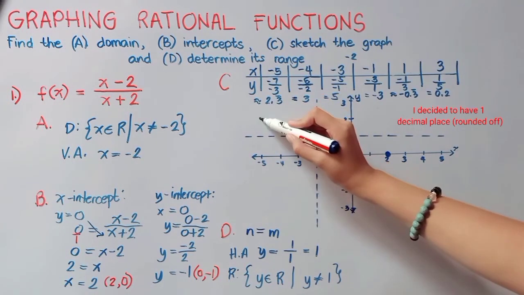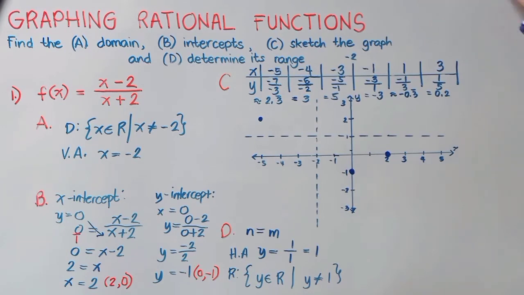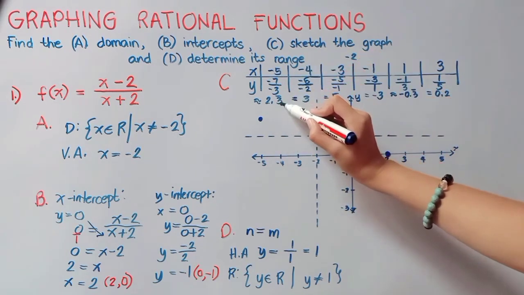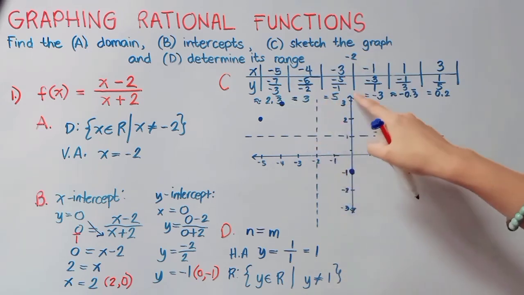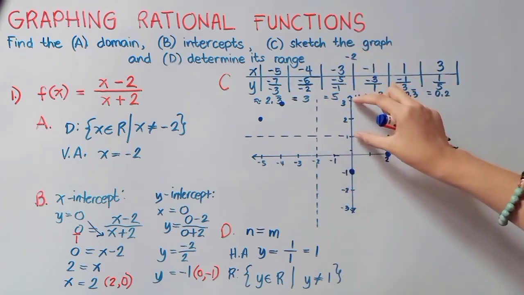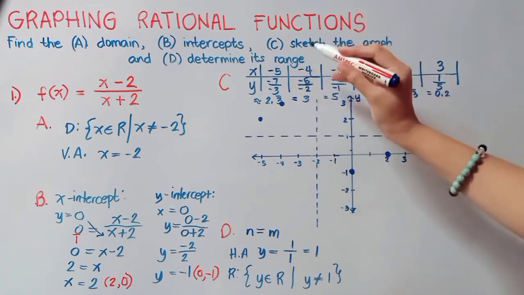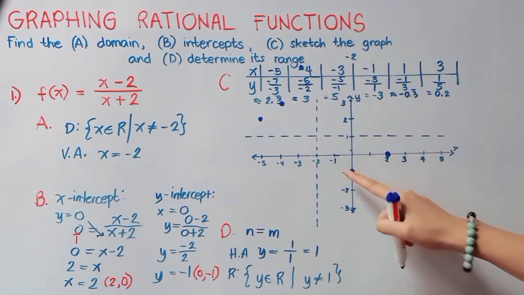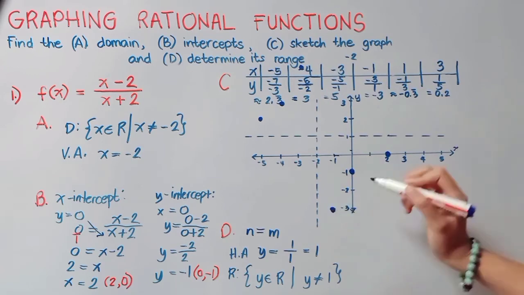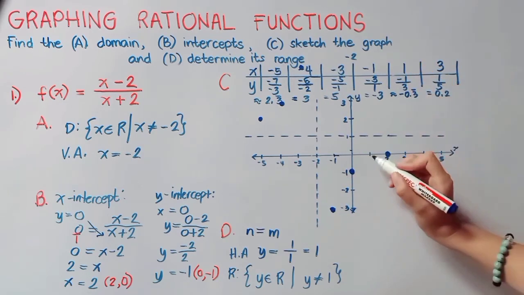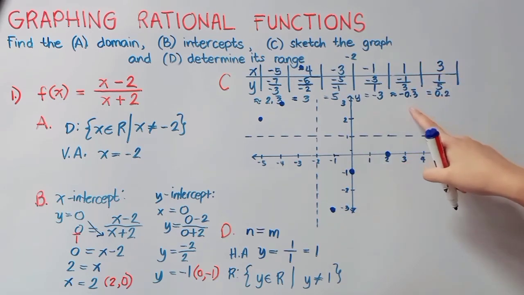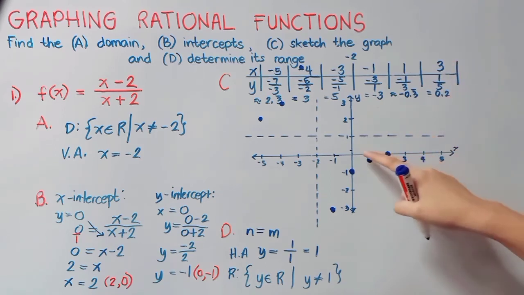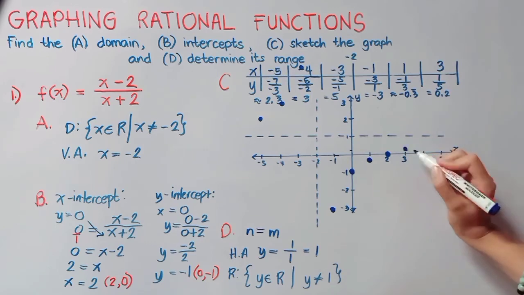Plotting these points, we have negative 5, 2.3; negative 4, 3, so it's this point; negative 3, 5, so it's beyond here, this point; and then negative 1, negative 3, this point; and then 1, negative 0.3, so this point here; and then 3, positive 0.2.